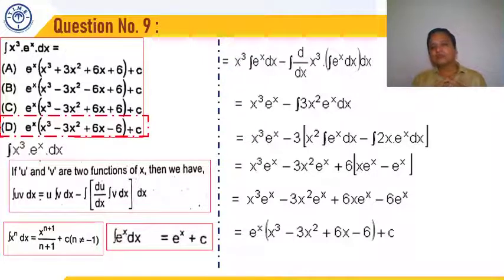Wisely choose which function has to be taken as the first function and which as the second function. On taking x cube as the algebraic function, when we differentiate, its degree reduces by 1 till it becomes constant, and we simply get an integration, and directly we get an answer. So these are the basic steps shown for how to solve this type of question. We use the product rule.